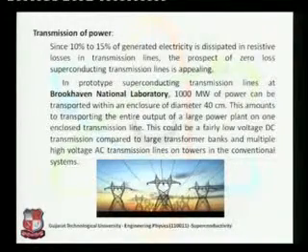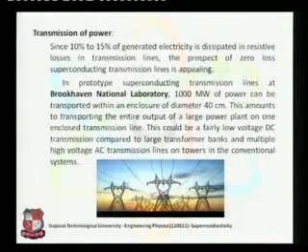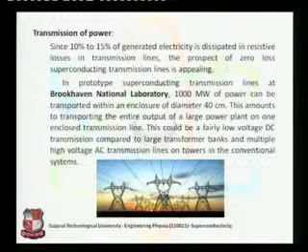It's given that in an enclosure of diameter 40 centimeters, they observed that we can successfully send the electricity, both AC, that is alternating current, as well as direct current. So this is a better manner in the case of transmission of electricity.